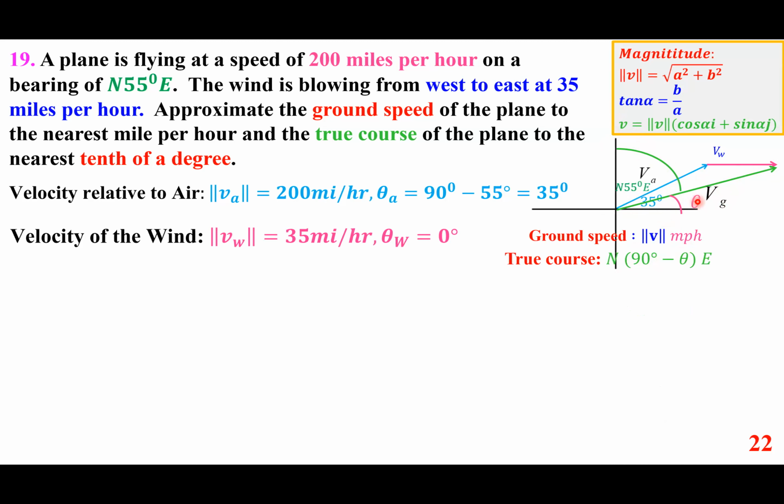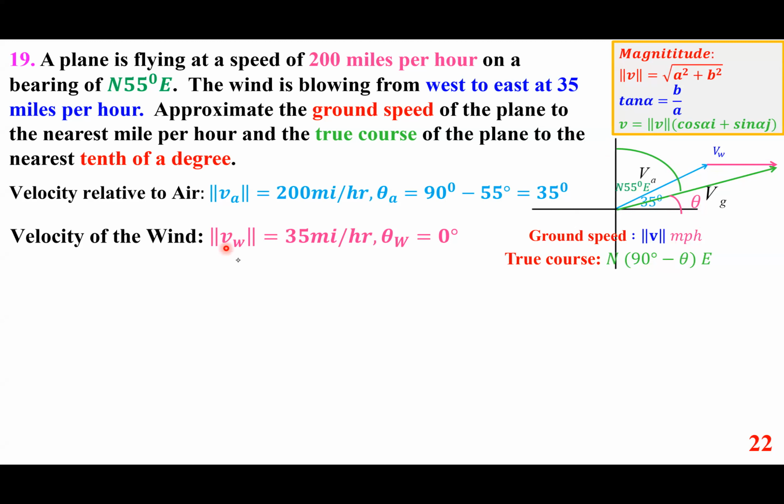We call this theta, right? 90 minus theta east. Please understand, we are talking about this one. So we want to find the magnitude, and the angle theta is found. So this green one, 90 minus theta.